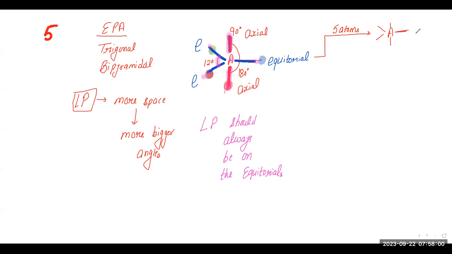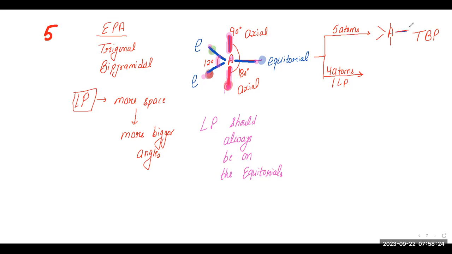All 5 atoms. So it is trigonal bipyramidal. You can write TBP. What can be the next? Tell me what can be the next? 4 atoms and 1 lone pair. 1 lone pair. Where would you like to place the lone pair, Aslisha?